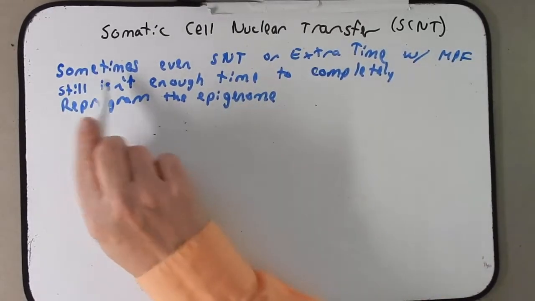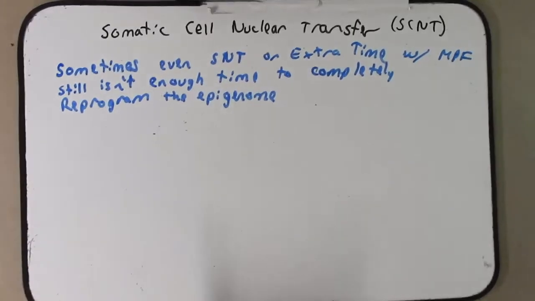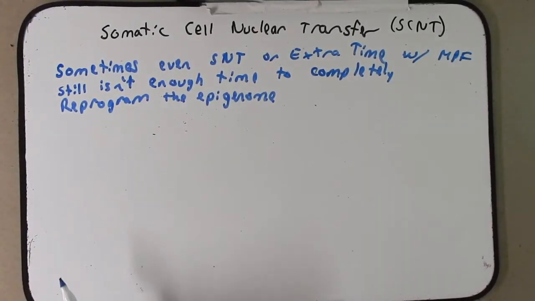In fact, I should probably use a stronger word here than sometimes. Usually, it's not enough to completely reprogram the epigenome. Sometimes it reprograms it enough to get that viable progeny. And sometimes it doesn't, and sometimes you don't get the viable progeny.